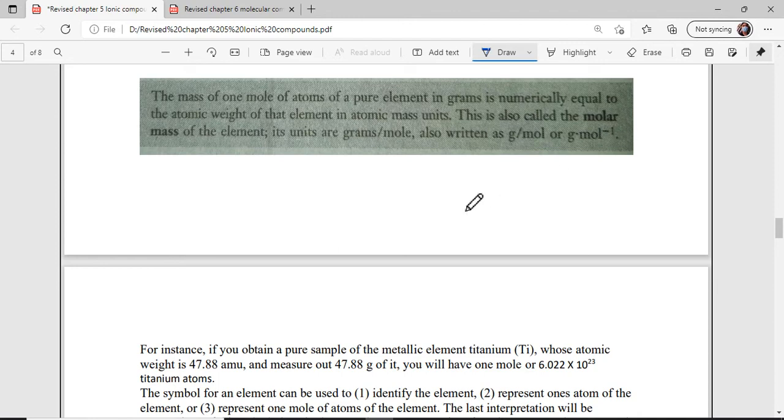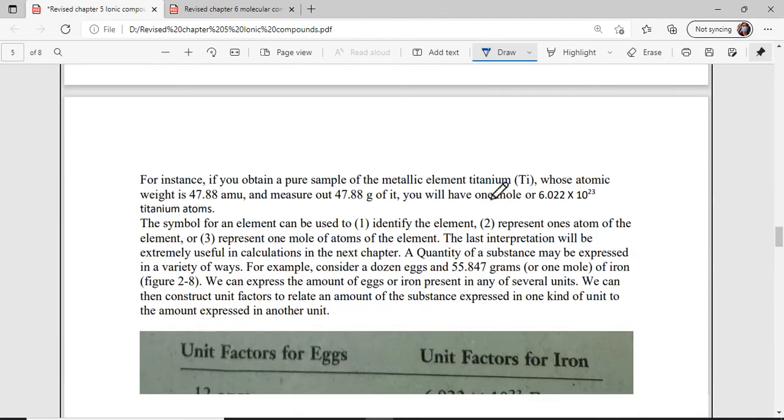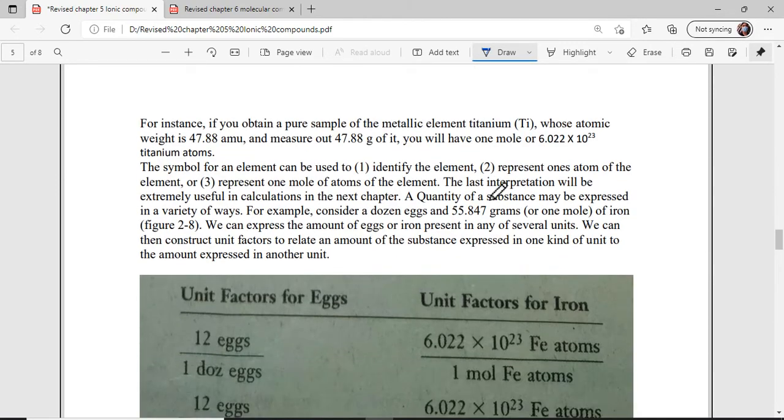For instance, if you obtain a pure sample of the metallic element titanium, whose atomic weight is around 47.88 AMU, and it measures about 47.88 grams, your AMU will be converted into grams since it is the same number.